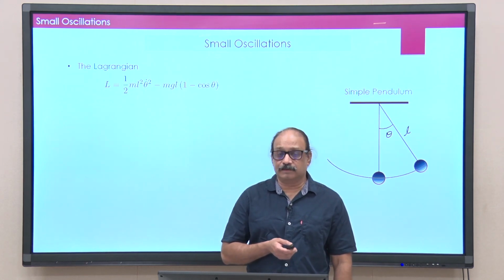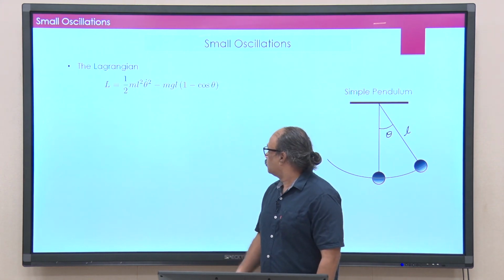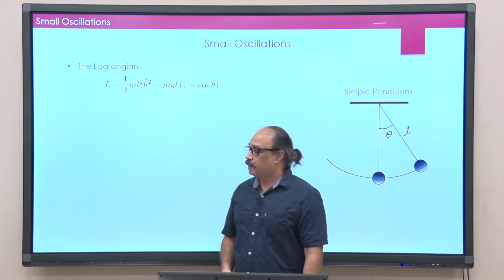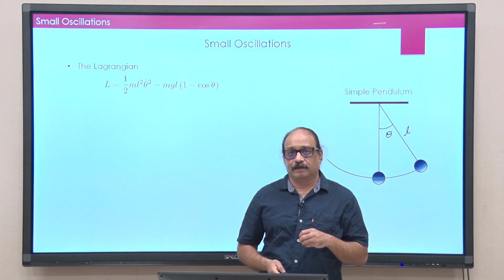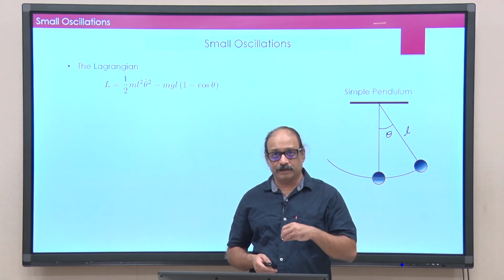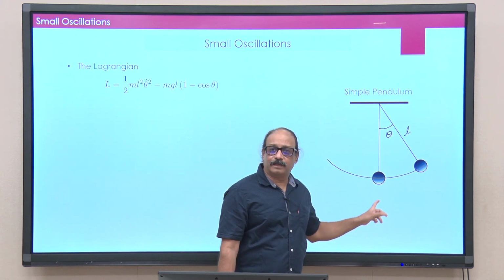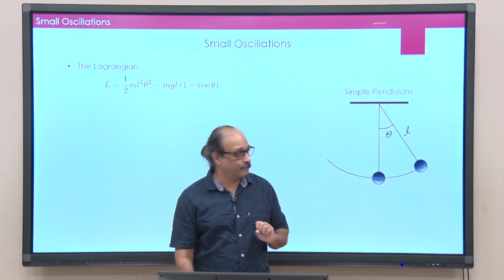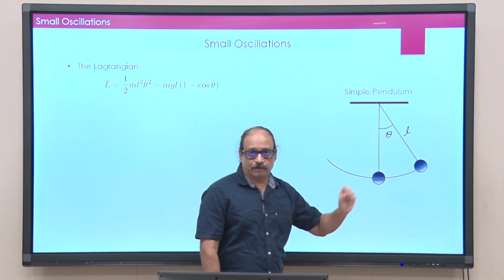So, the Lagrangian is very simple, it is half ml square theta dot square minus the potential energy term, mgl(1 - cos theta), and here we identify that the equilibrium point is at theta equal to 0. That is the point where the pendulum remains if you just leave it alone, and you can start oscillation by pulling the pendulum and letting go.